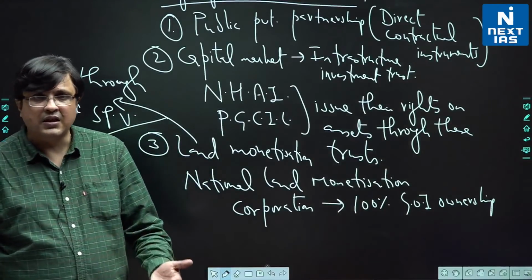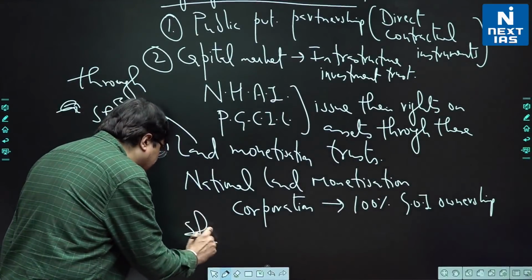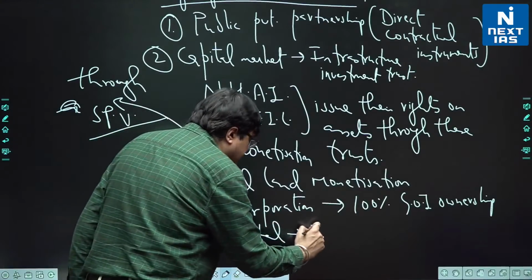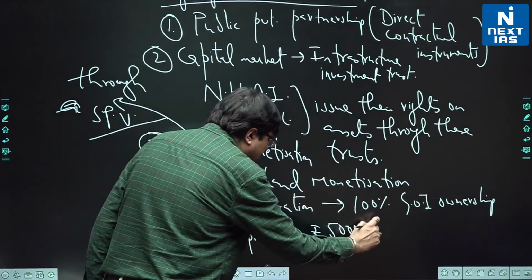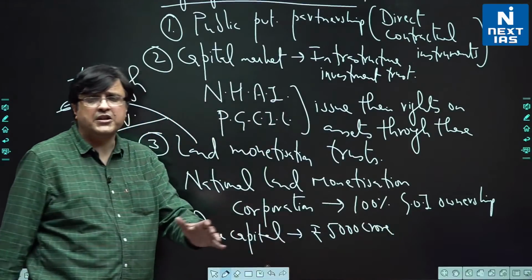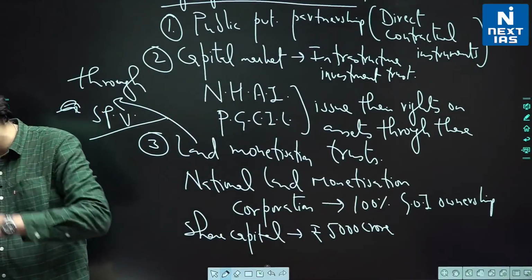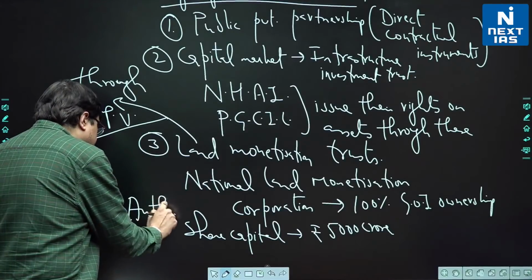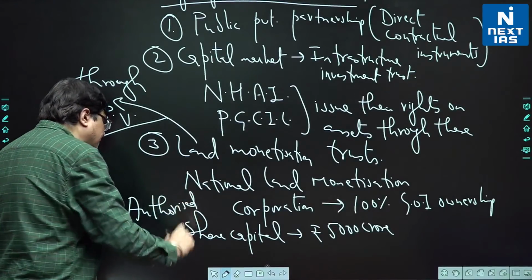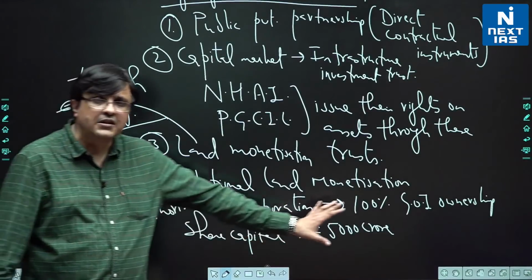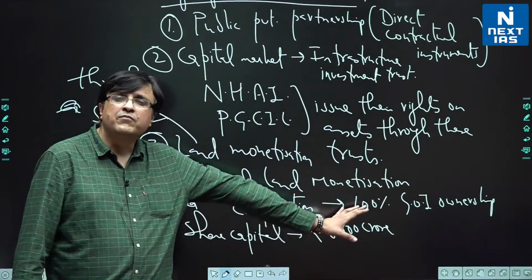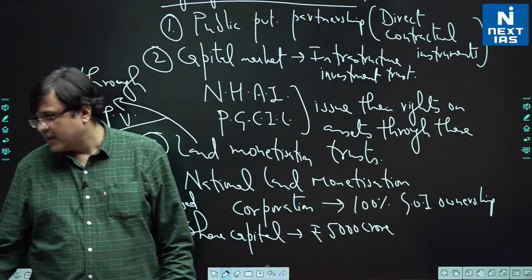So there is a share capital कि जो initial capital के साथ जो इनको establish किया गया है 5,000 करोड़ रुपए, ताकि लैंड को खरीदने में, बेचने में, मोनेटाइज करने में ज्यादा दिक्कत ना आए. So that is their authorized share capital, the authority to raise capital up to this value. उनको अलाउड है कि शेयर्स के थ्रू जो मनी वो रेज करें वो 5,000 करोड़ तक कर सकते हैं.